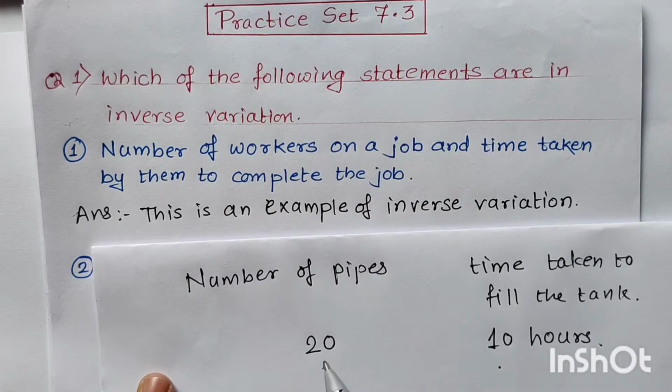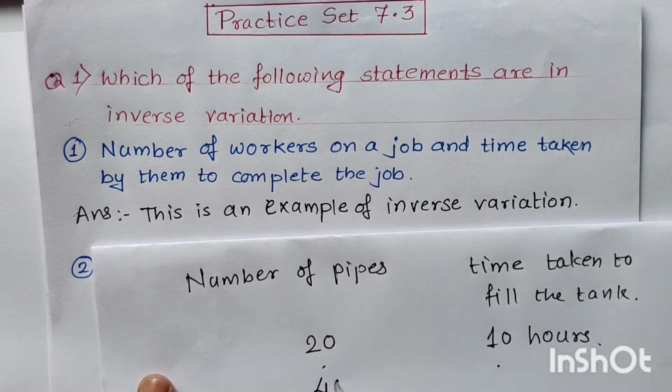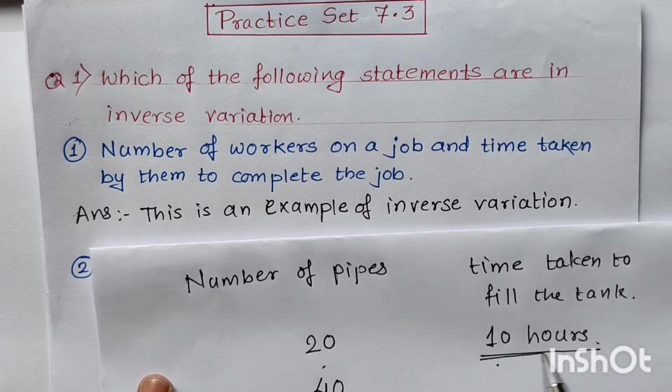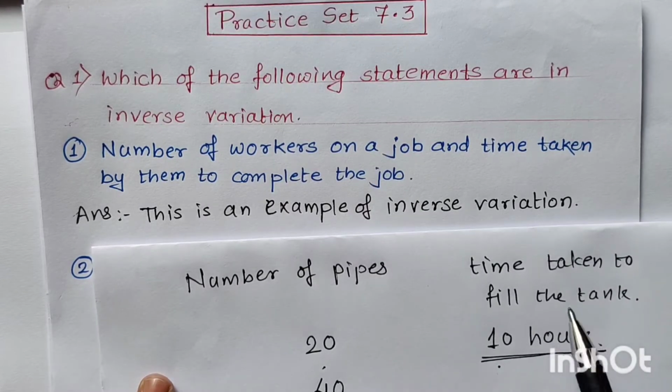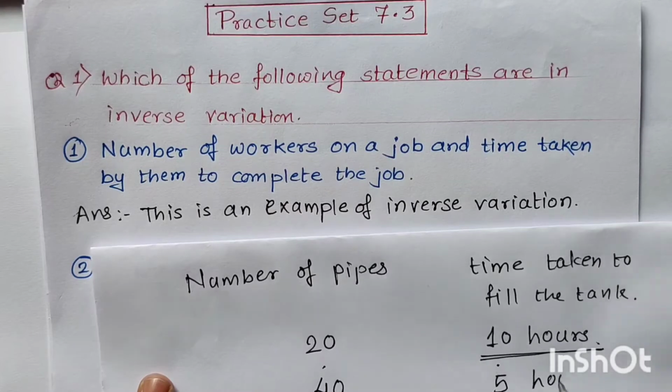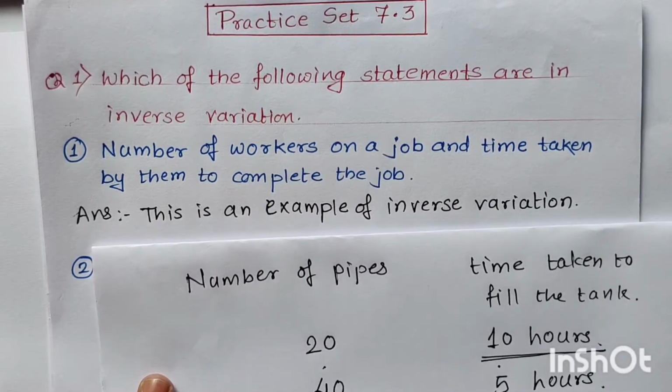If I am increasing the number of pipes, if in place of 20 I take 40, then in how many hours the tank will be filled, because now the number of pipes are double. So time will become half, correct now? So it will take only 5 hours to fill the tank.